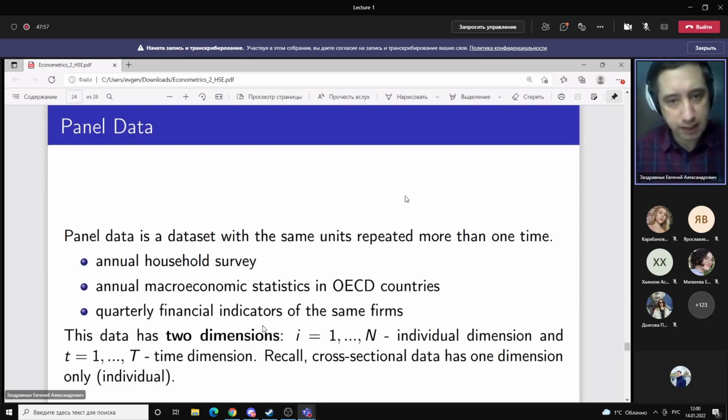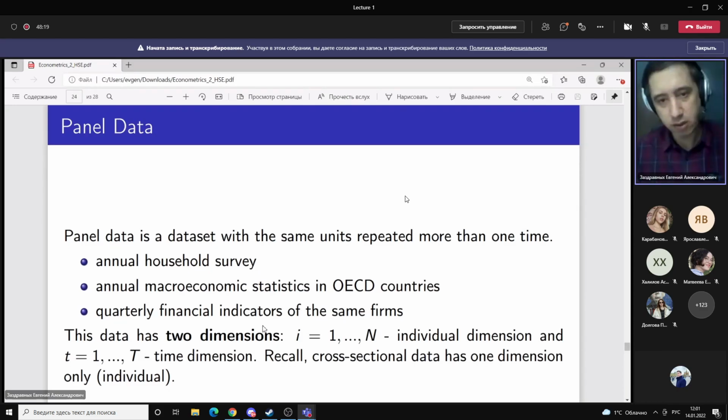Another example of panel data could be about firms. We can collect financial indicators among the same firms over 10 years, and in this case, we will have panel data again. In total, any panel data set has 2 dimensions.